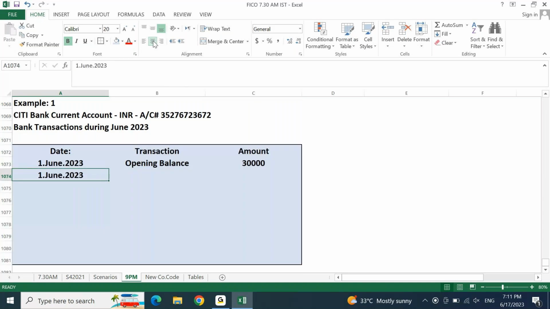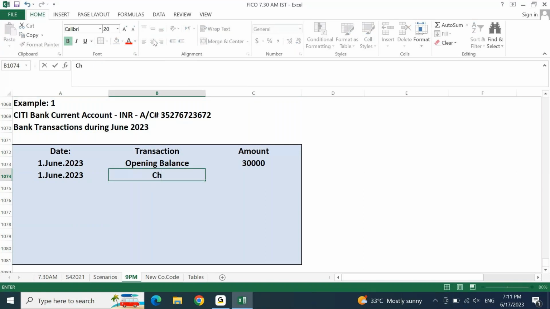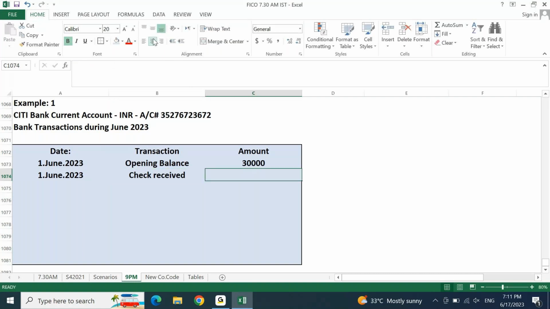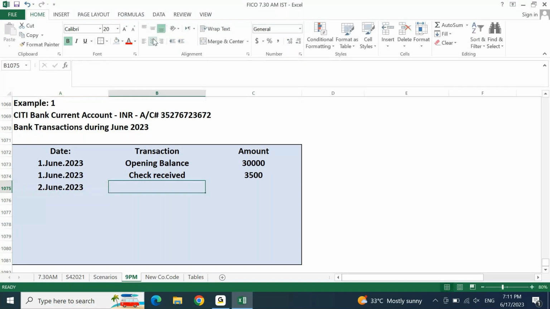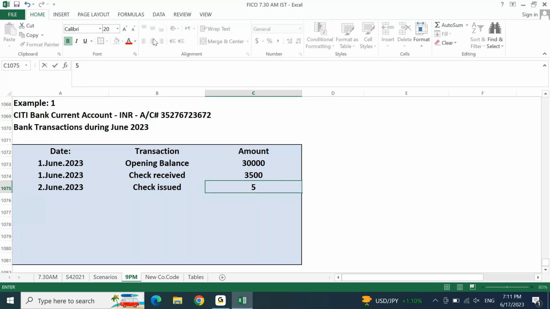Next one, let me take the 1st June itself. Check received 3,500. Let me take on 2nd June. Check issued 5,950.